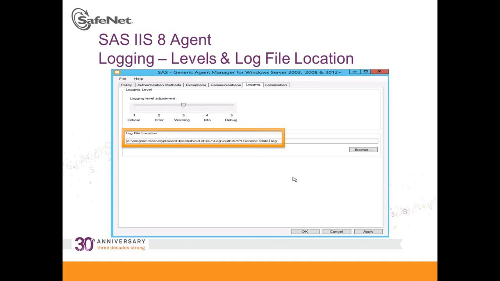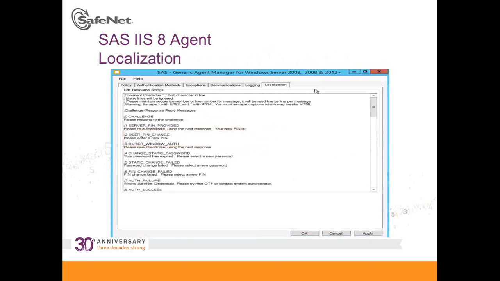With most of our agents, we also have some registry settings that can be set, which will provide you with additional logging levels. The logging location, so again, all of our agents can define the location where our log files will be set. And of course, we have some localization where we can customize some of the messages within the agent.